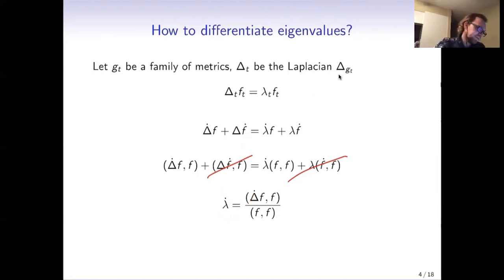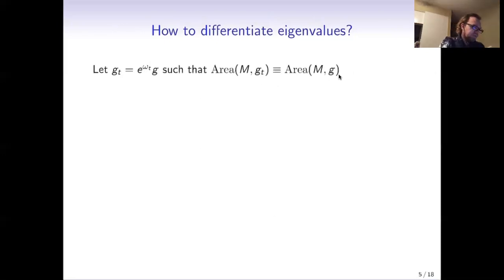And this is remarkable. This is what allows you to actually do anything in this area. It does not depend on f dot. The question that remains is what happens with this delta dot, but that's actually easy. For now we're considering an extremal metric in a conformal class. So let's take a deformation inside the conformal class.